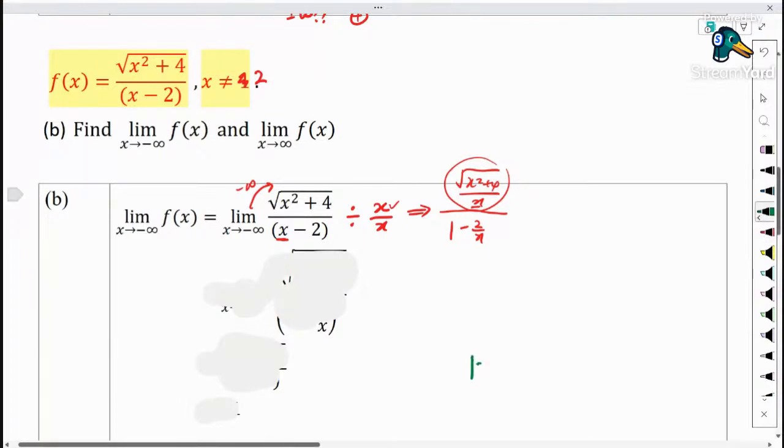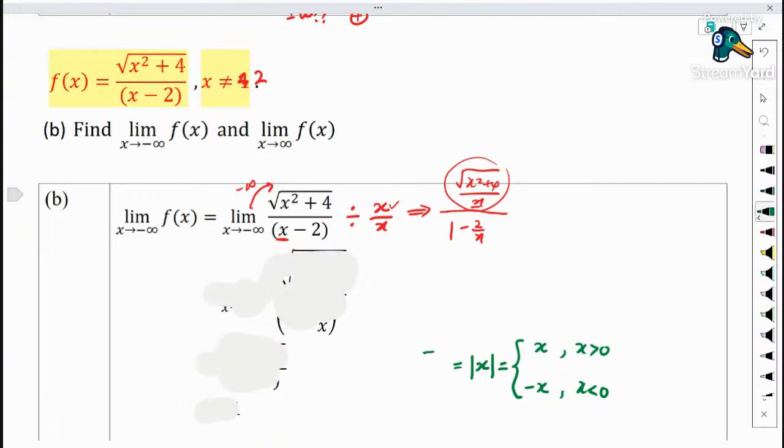Again, we're back to the definition of modulus. Modulus x is positive x when x is greater than 0, negative x when x is less than 0. First definition is like this. Second definition is square root of x squared.